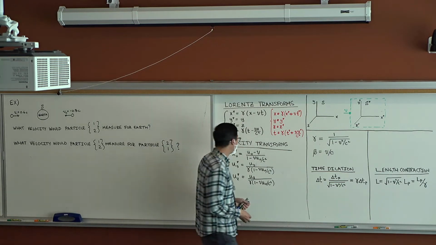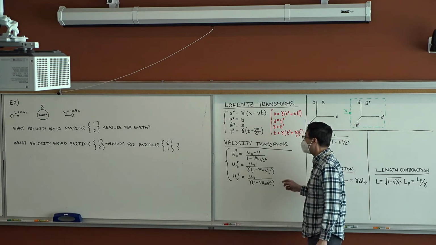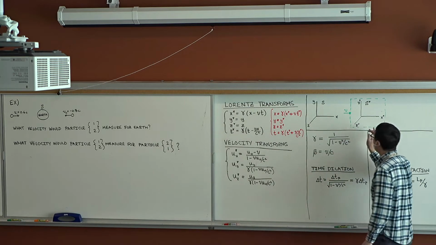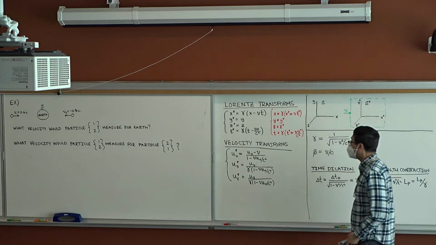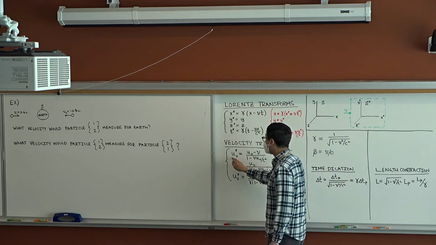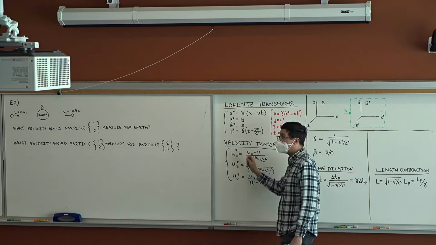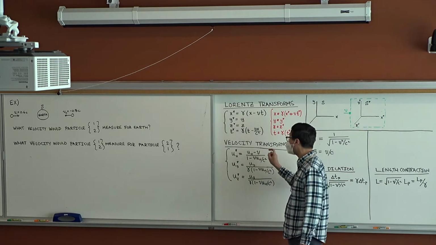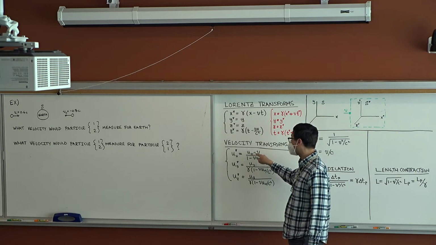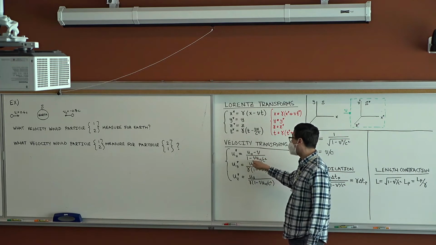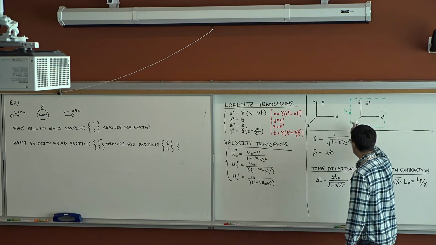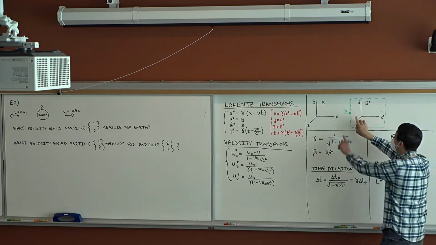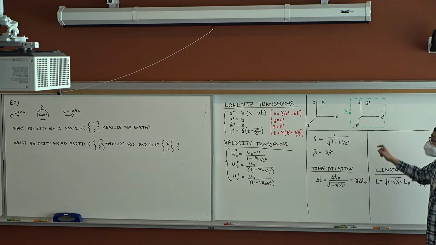But I'll just say that if S and S prime both measure the velocity of a particle, then the x component of the velocity in the primed frame is the x component of velocity minus v, over 1 minus v ux over c squared. Again, this assumes that v, the relative motion between the two frames, is along the x prime axes.